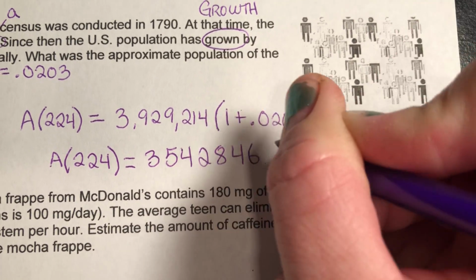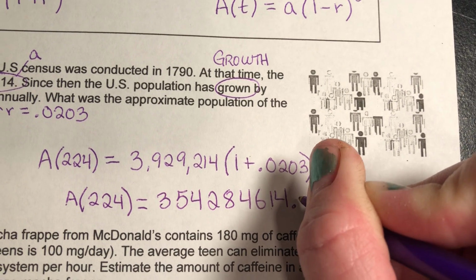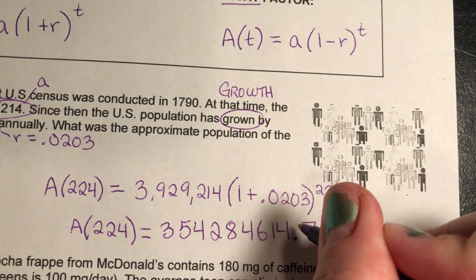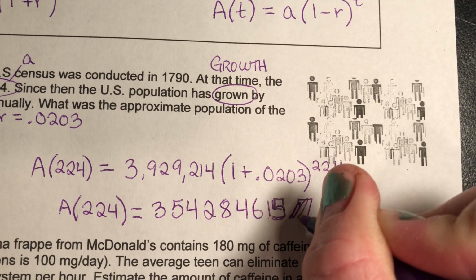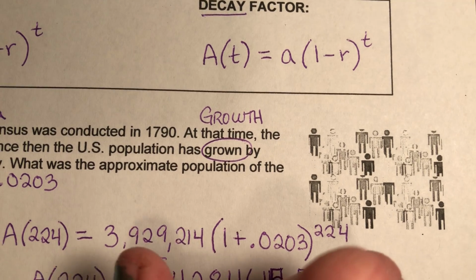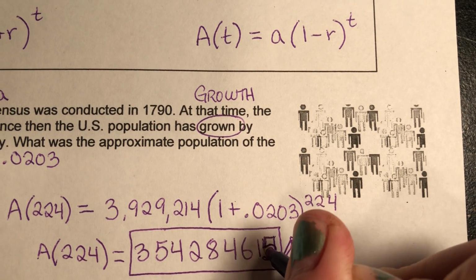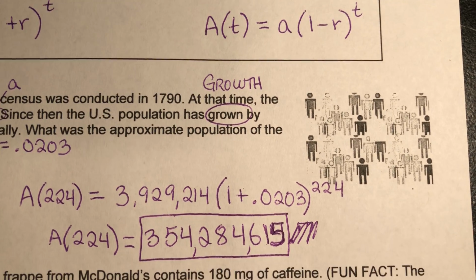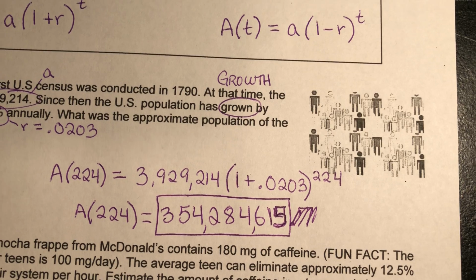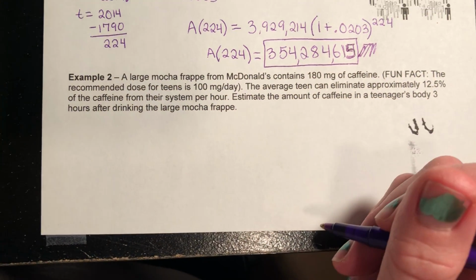I have to write it out, and since we can't really have 0.7 of a person, I'm going to make this into a 5 right here. And we will box up our answer: 354,284,615.